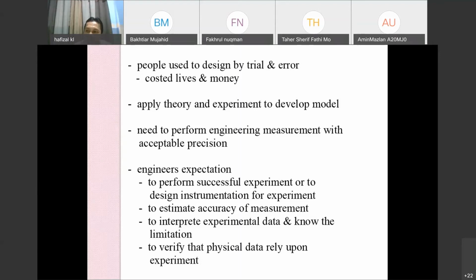Let's say you have a sample and you want to measure whether the estimation is accurate or not. It is also needed to interpret the experimental data and know the limitation, what is the limit of this measurement, and then to verify the physical data that rely upon experiment.